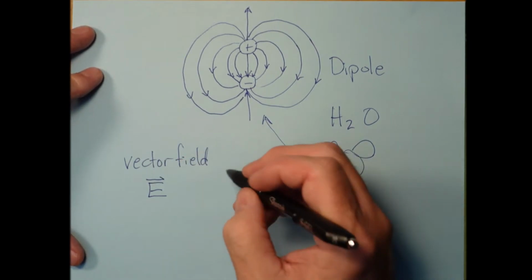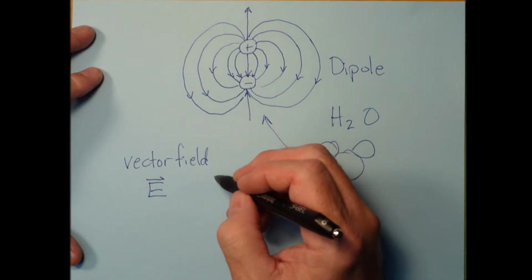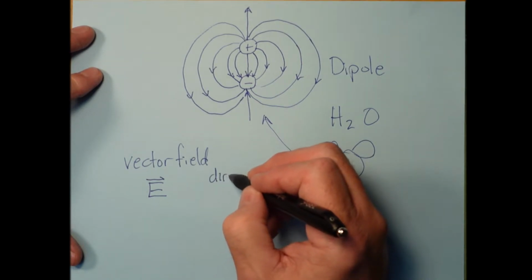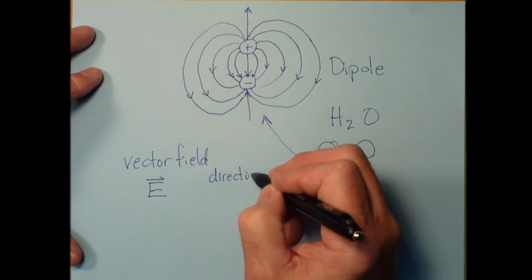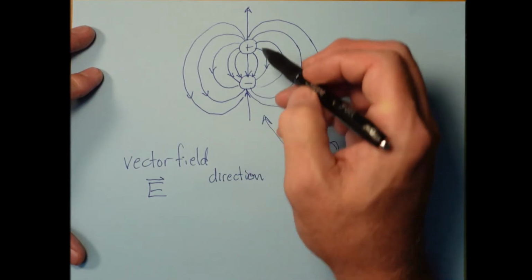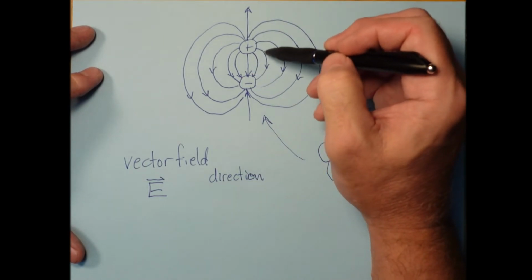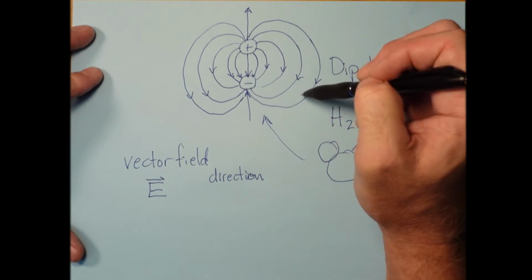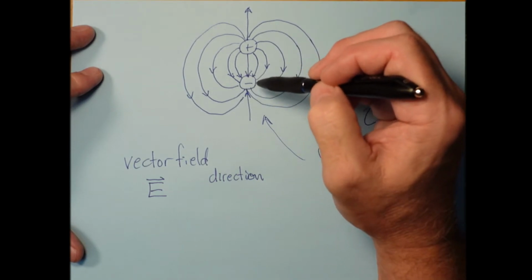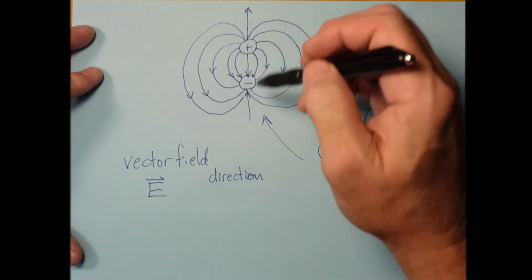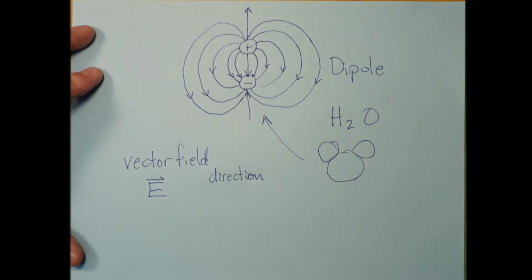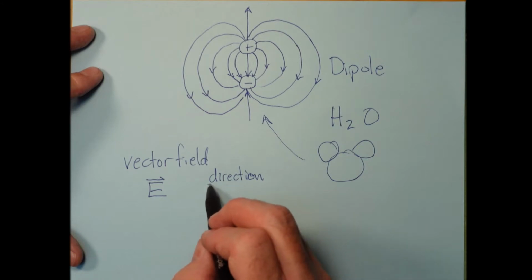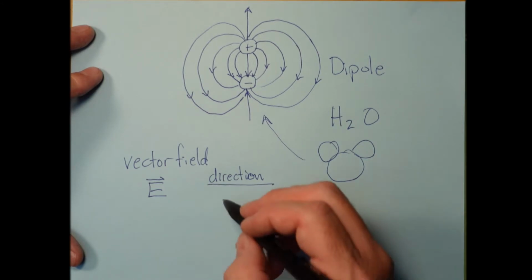Now, because it's a vector, you know it's going to have a magnitude and a direction. The direction we have already talked about: the positive charges are emitting the electric field lines, and the electric field lines terminate at the negative charges. So that's how you're going to figure out the direction.